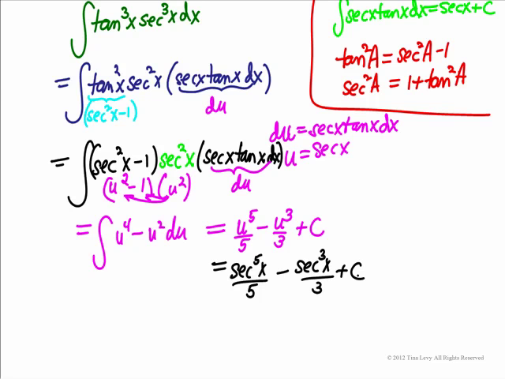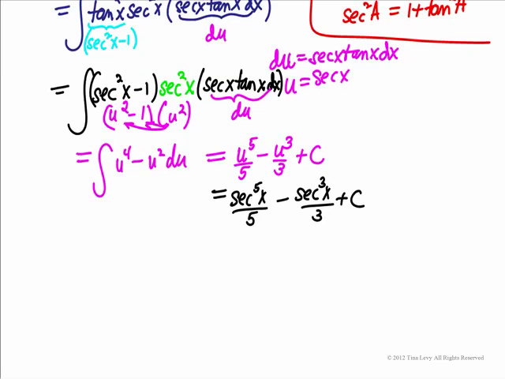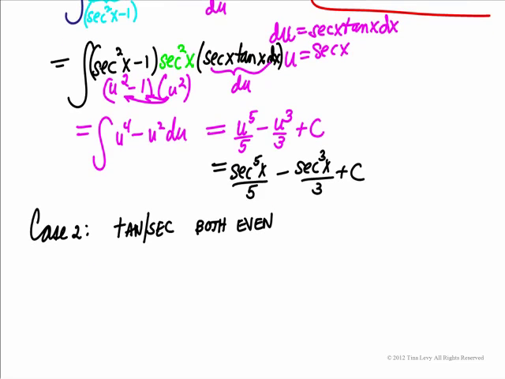We're now going to do another case. Let's do, as our second case, tangent and secant both even. The example I'm going to do is tangent to the fourth x secant to the fourth x dx.